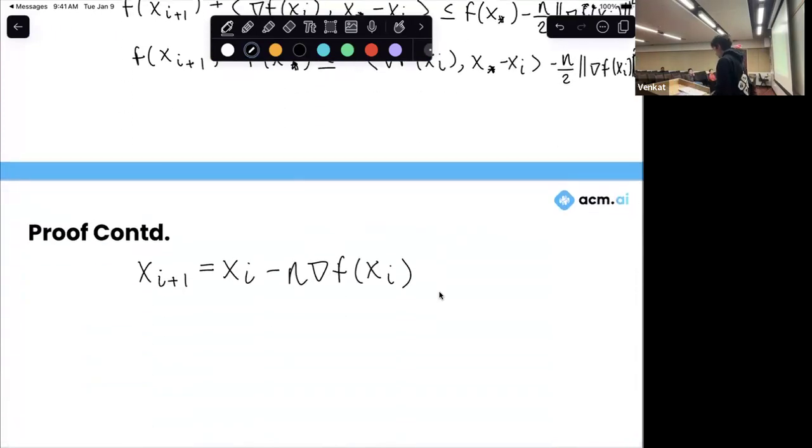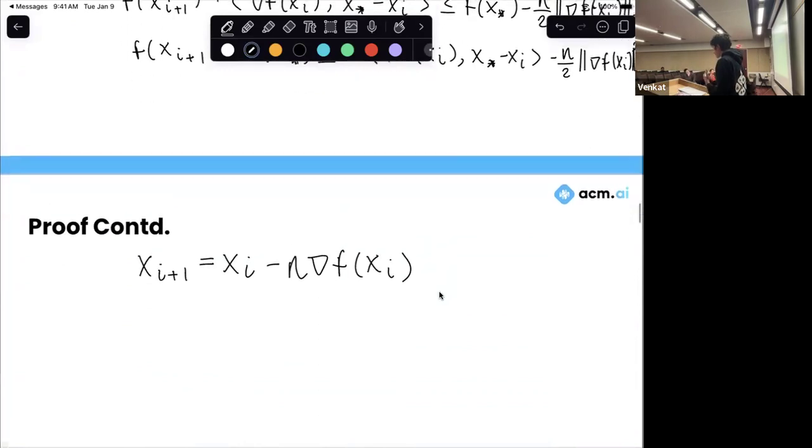So this is the gradient update. And what we are going to do is express the gradient in terms of the x values we had at i plus 1 and i. So what we get is this value, xi minus xi plus 1.